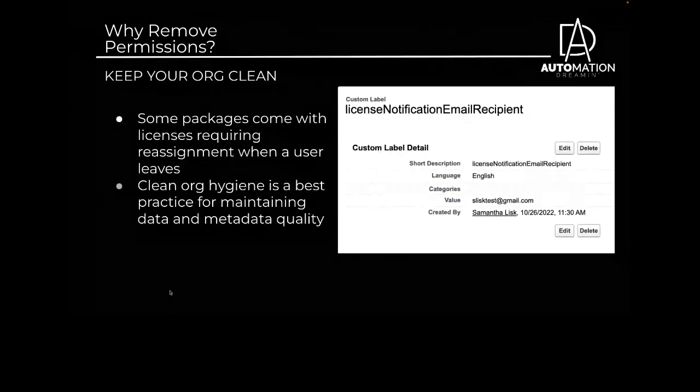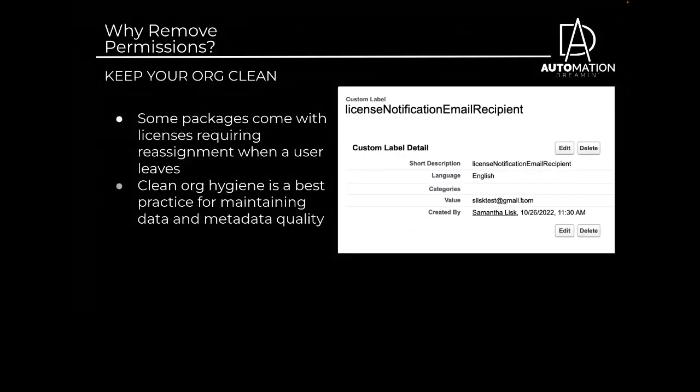The value used in this custom label, in this flow, is a test email address that I created, slisktest@gmail.com. The reason that we use a custom label instead of inputting the email address directly into the flow, many of you are probably aware of already. That's a practice known as hard coding.